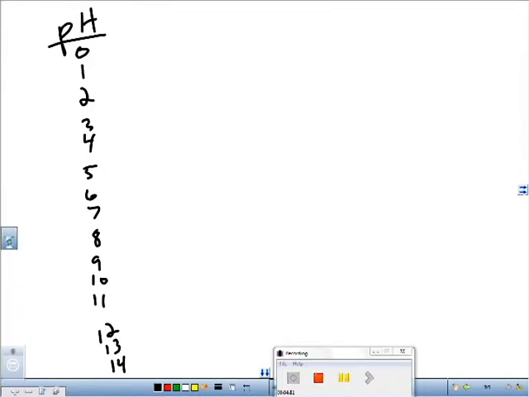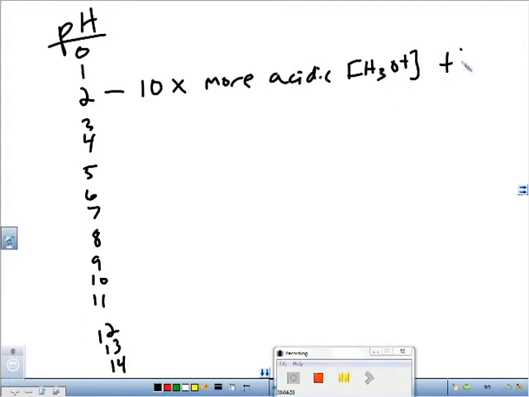I've already kind of told you how these work, but let's do a quick review. If I have something that has a pH of 2, that is 10 times more acidic, or has more H3O+, than pH equals what? 1 or 3? 10 times more acidic than what?